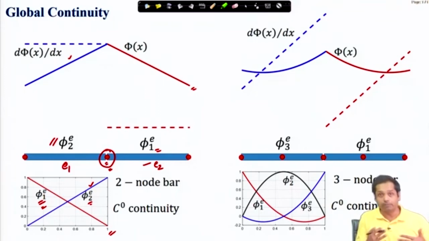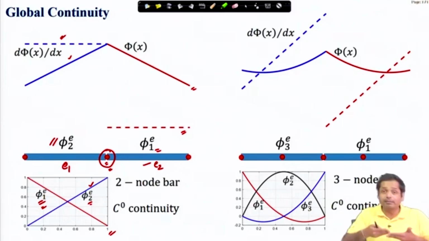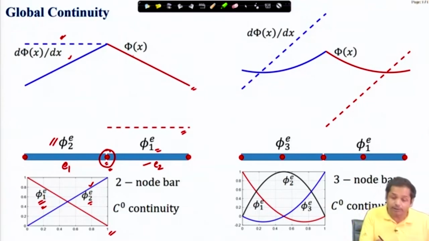And if we plot the derivative, this is the derivative of the shape function. Now we see that this shape function is continuous at the inter-element boundary, at the junction, but it's not differentiable at this point. So this is a C0 function.